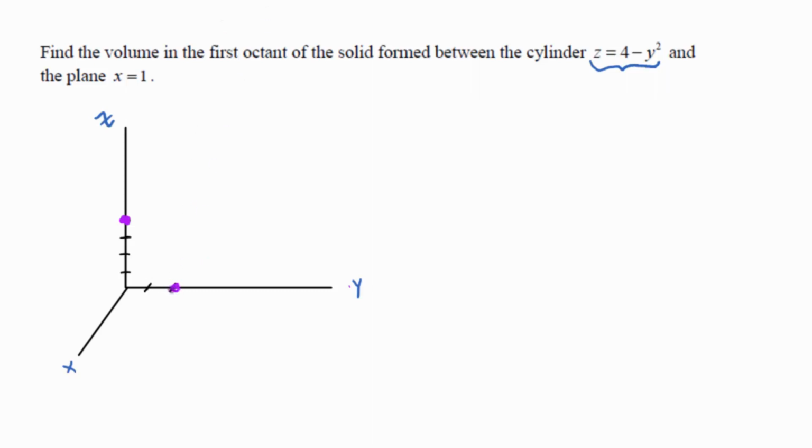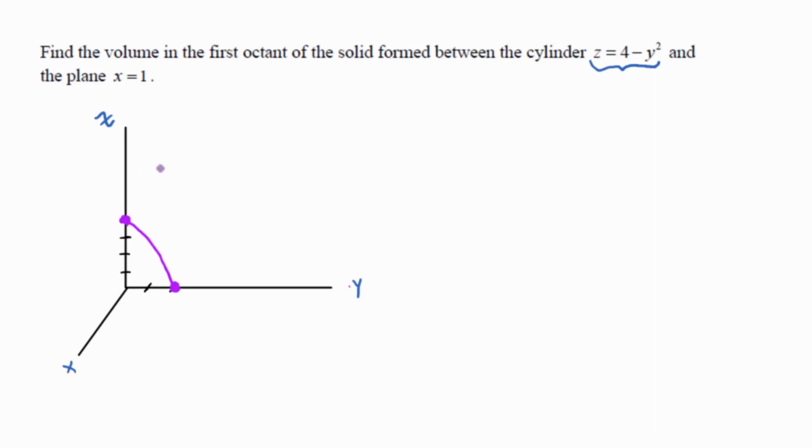So like that. It's going to keep going down like that, right? Oh, it does say for the first octant, so never mind. That's why I drew just the first octant. I thought I had a reason, and then I didn't see it for some reason. So just the first octant, so I will just be interested in that portion.